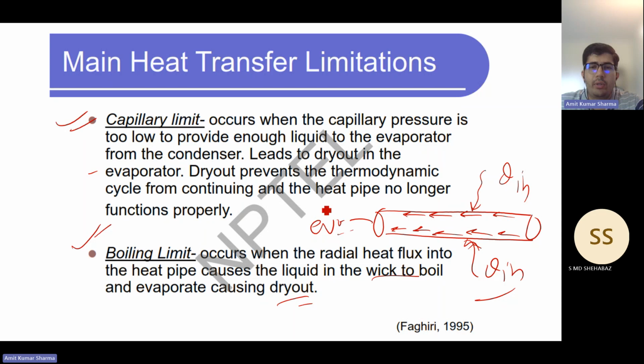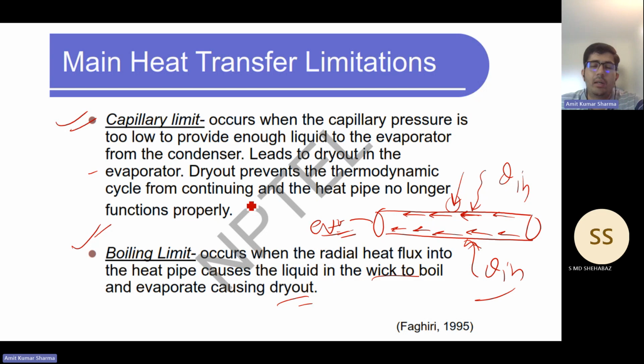So you can see the liquid will be coming to the evaporator end, but as you can see, the radial heat flux is high. So what will happen? These liquid droplets will convert into vapor in between, and they will not reach up to the evaporator end.